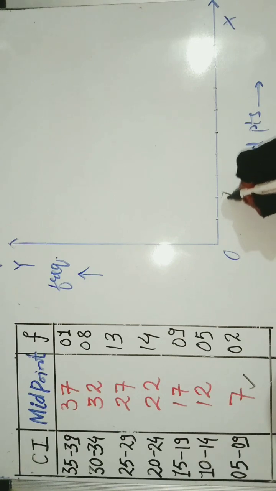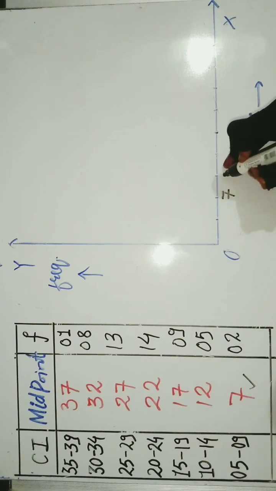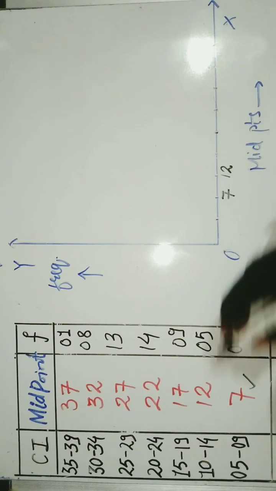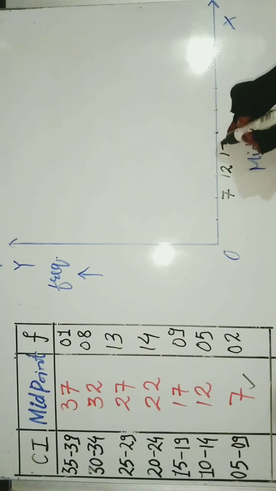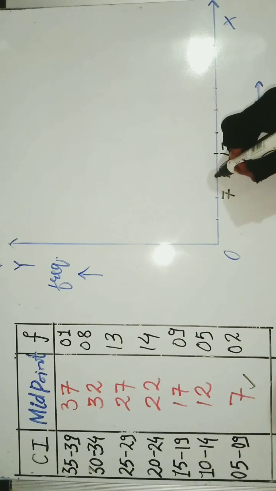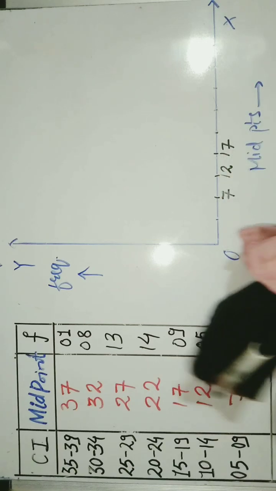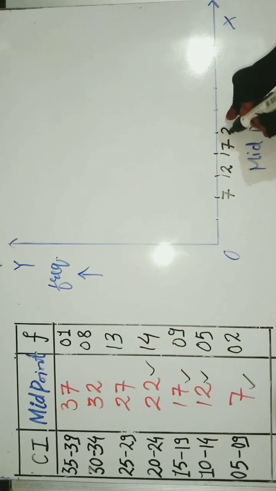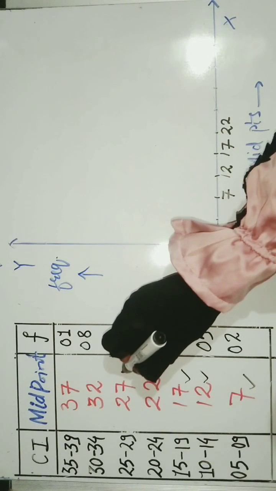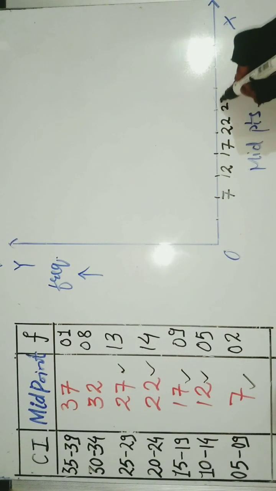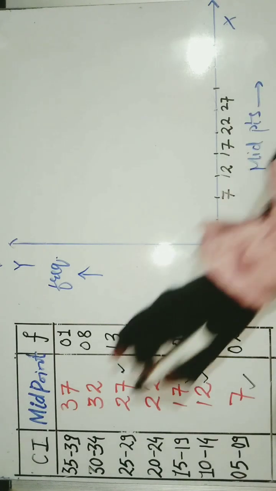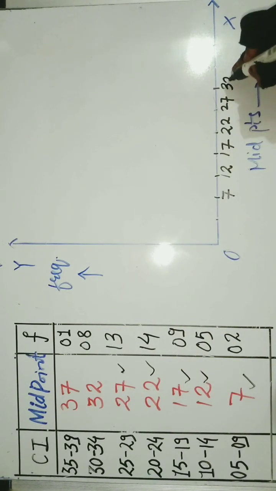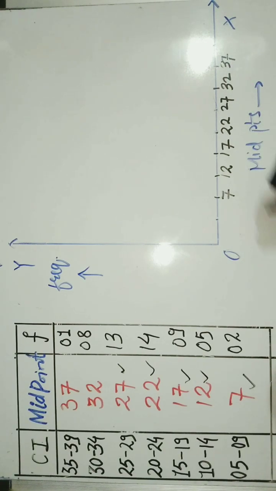So here 7, 12, 17, 22, 27, next 32 and 37. So these are our midpoints.